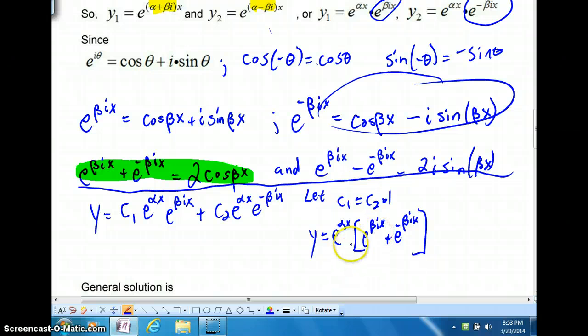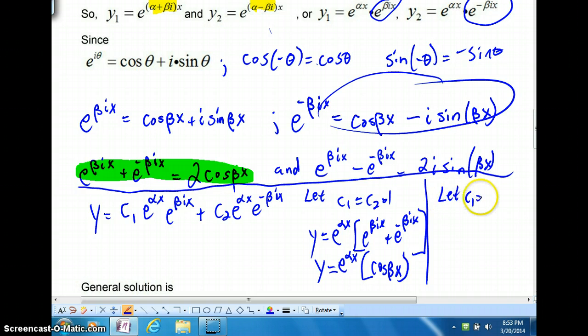And my goodness, you can see you get 2 cosine of beta x. So this becomes e to the alpha x. This whole thing becomes cosine of beta x. Now, what else could we have? Well, we could have c1 and c2 being opposite signs of 1 and negative 1. And we're going to have to pick that up in just a moment in our next video.